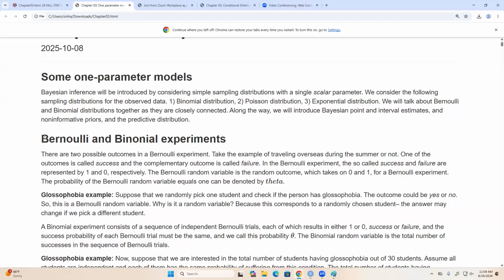Another outcome we call failure. Success is generally denoted by 1 and failure by 0. So a Bernoulli random variable takes two possible values, 1 and 0: 1 with probability pi and 0 with probability 1 minus pi.